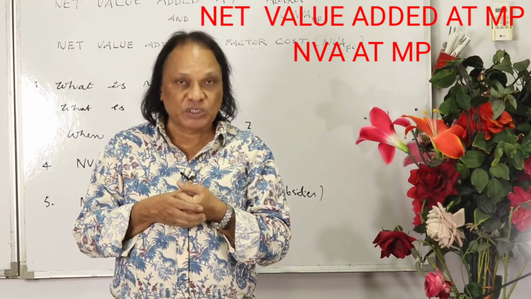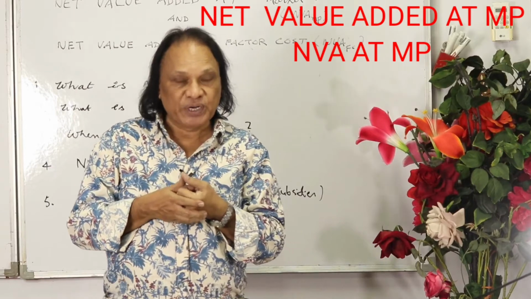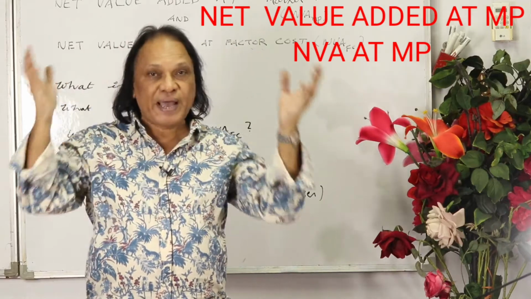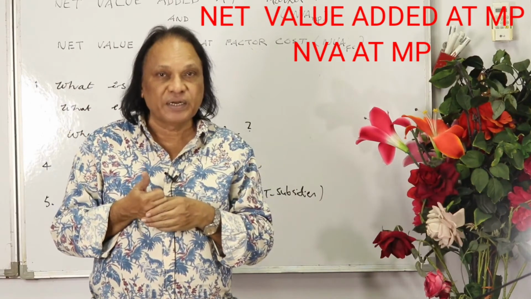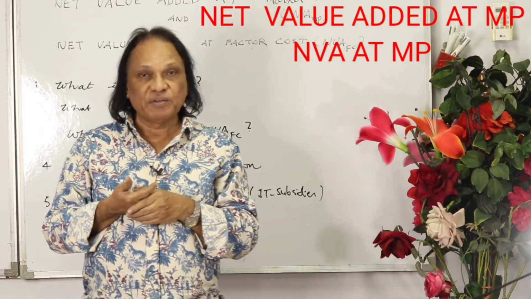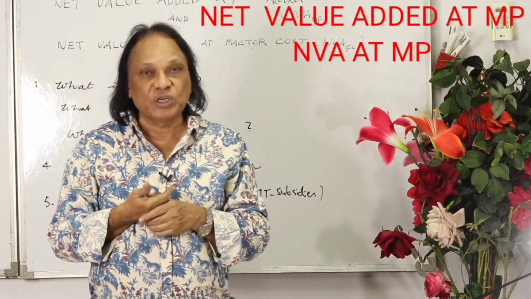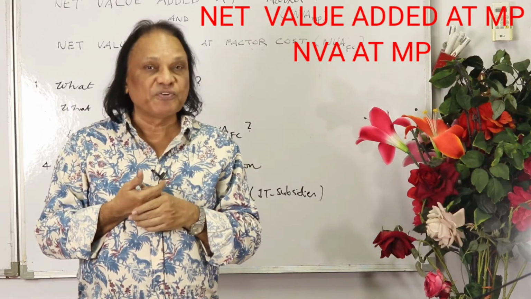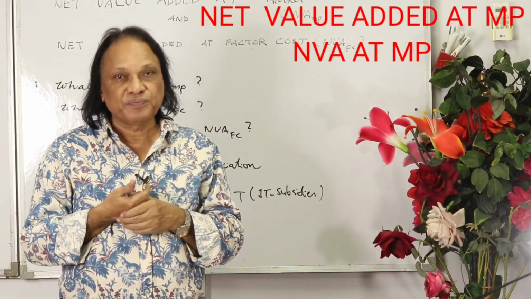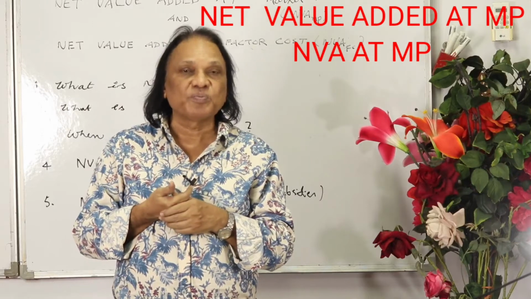Without these four factors, we just cannot do any production. Apart from these, the firm has to use many secondary inputs, which we call intermediate goods. For example, the firm has to use sugar cane in the manufacturing of sugar, and the furniture firm has to use wood. There are so many examples.